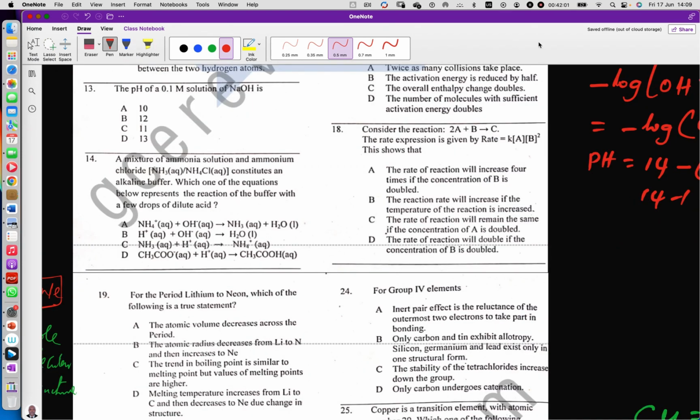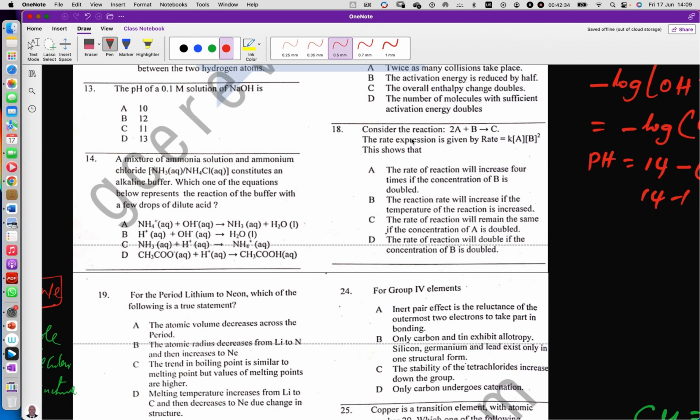Welcome back. Sorry for the interruption. We were on question number 13. The pH of 0.1 molar solution of sodium hydroxide is A, 10, B, 12, C, 11, D, 13. Now, it is an alkali that has been given.